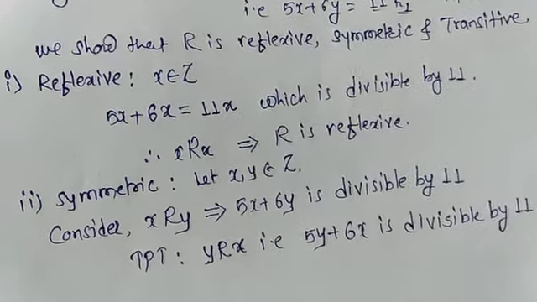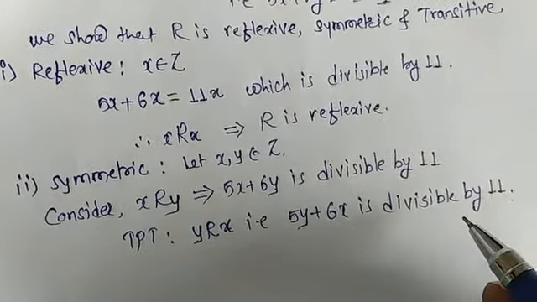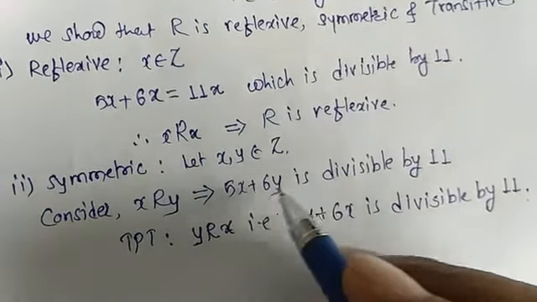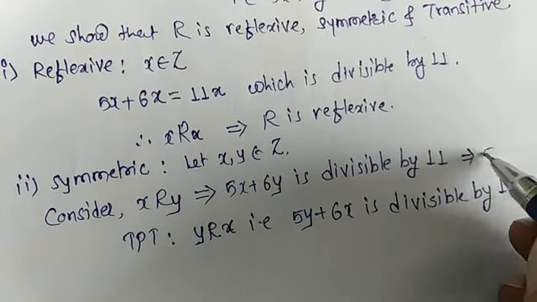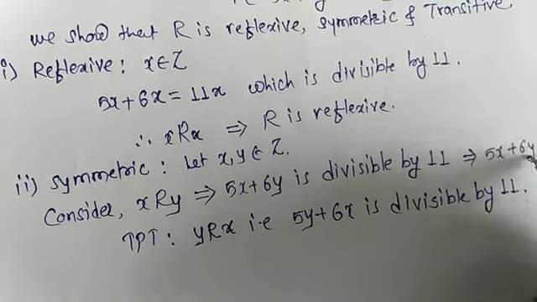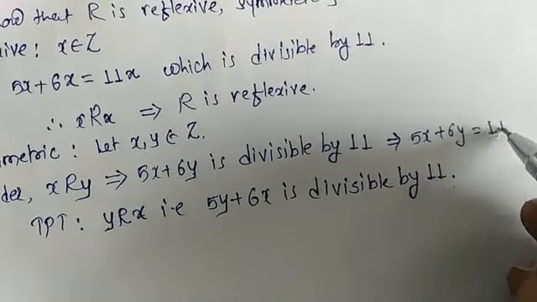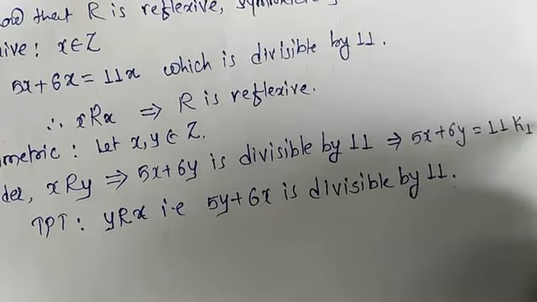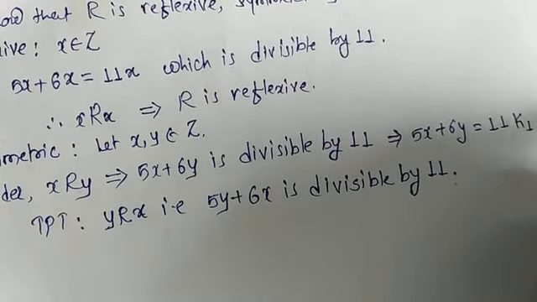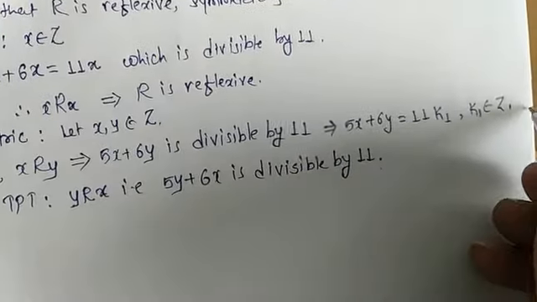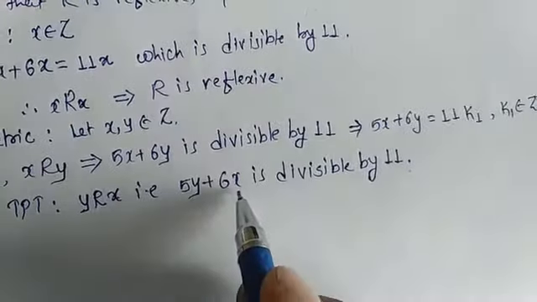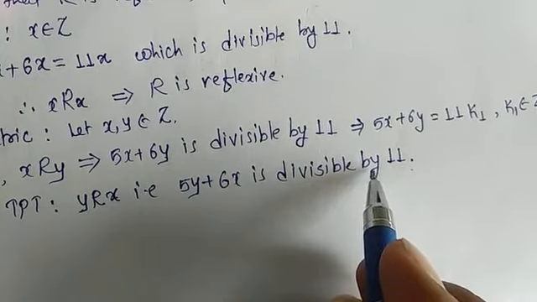Now here 5x plus 6y is divisible by 11, which means that 5x plus 6y is equal to 11 into some integer, which I represent by k1 belongs to Z. So this is our first equation. Now we have to prove that 5y plus 6x is divisible by 11.